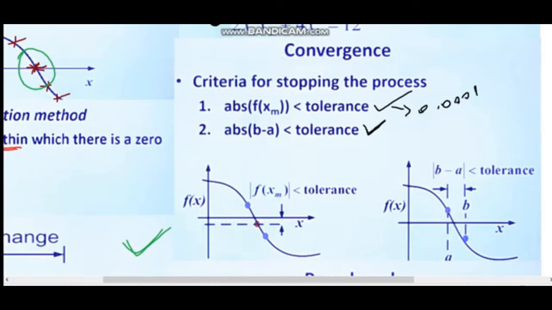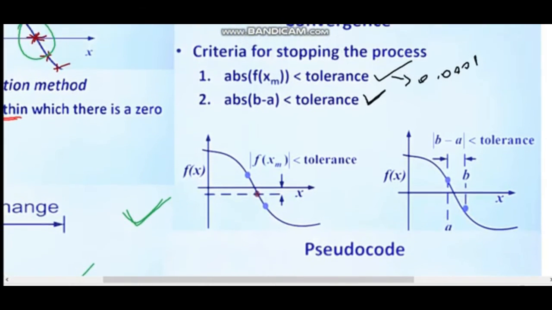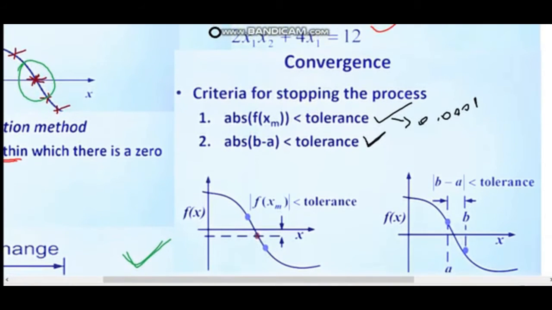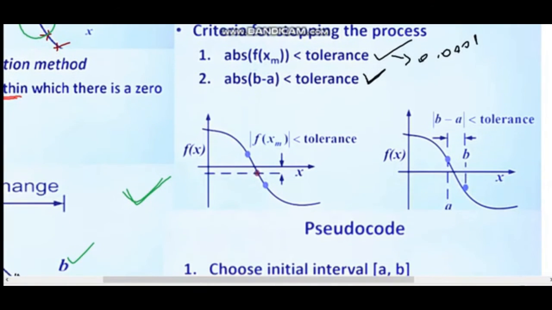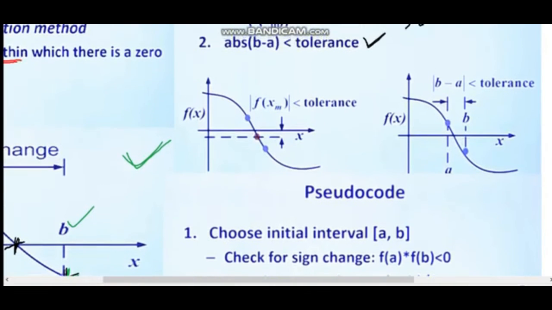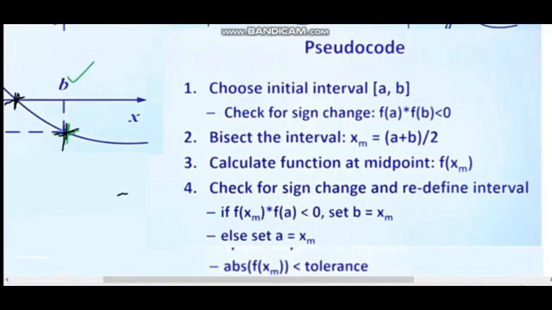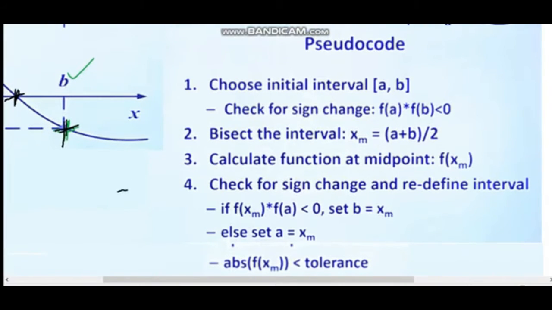If it is less than 0.0001, then also you can terminate the process, and the corresponding value of x m will be your final solution to this equation. You will understand more when we do the example. So that's about this. We will now have a pseudocode for this method.